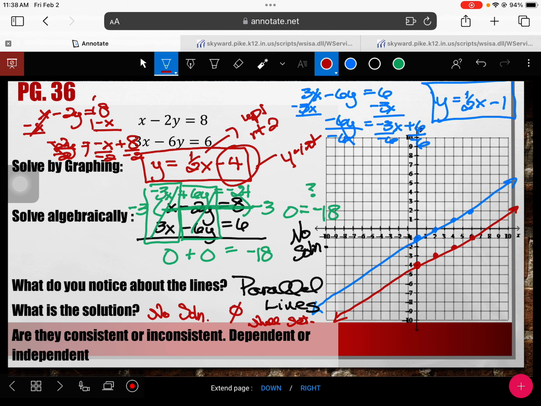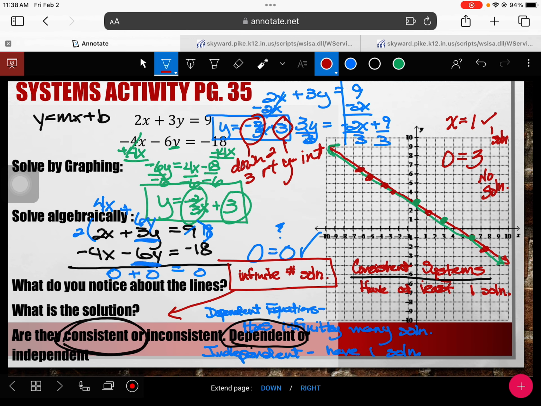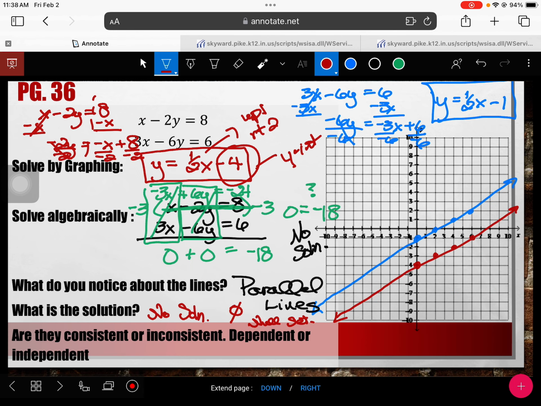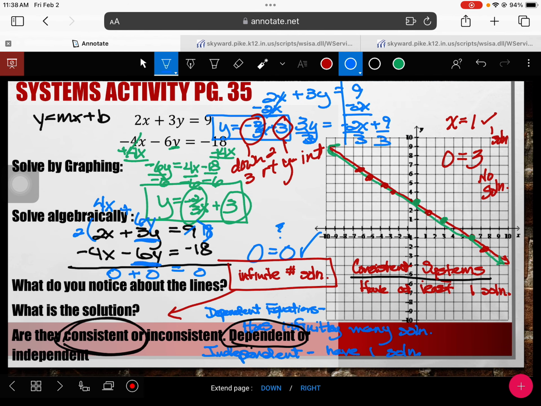Okay? So, the question then at the bottom is, is this a consistent system or inconsistent? And honestly, I need to look back. Consistent says it has at least one solution. So we don't have any solution, so it is inconsistent. Okay, and dependent or independent?